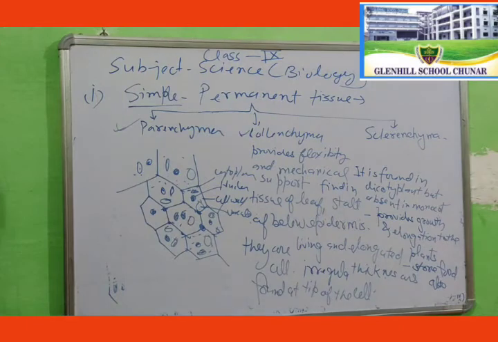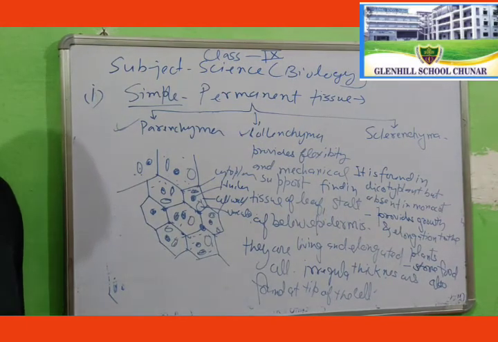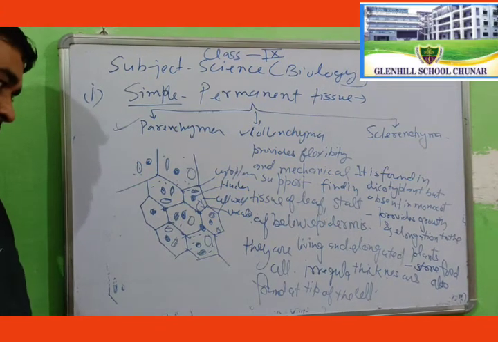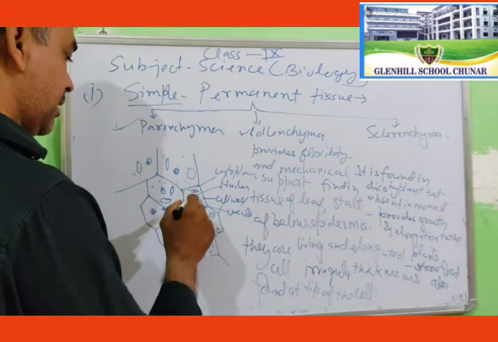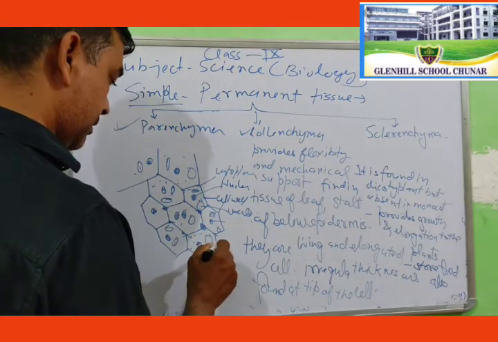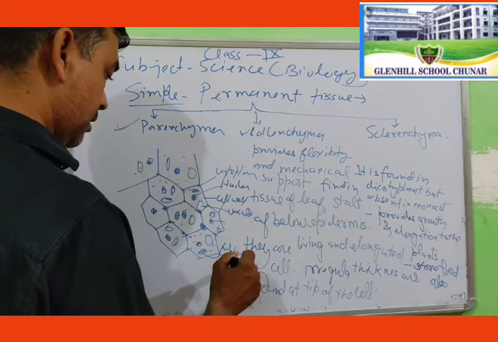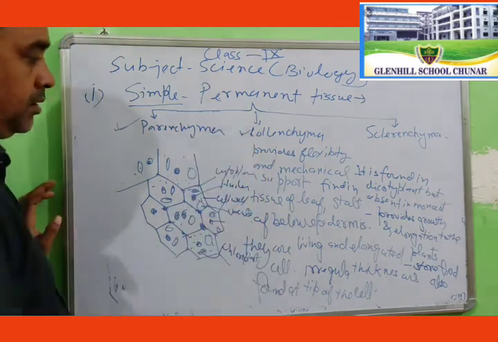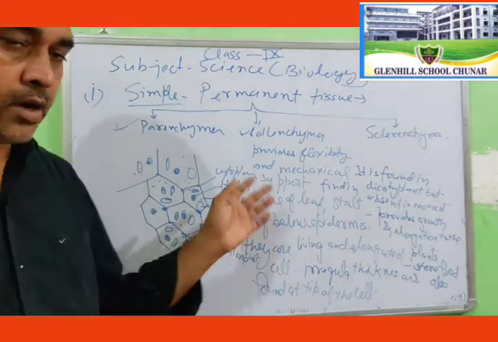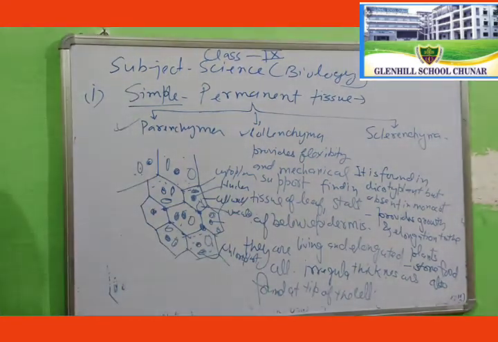Parenchyma store food also, and parenchyma cells may contain chloroplast and take part in the photosynthesis. There are so many chloroplasts found in the parenchyma also. Okay. So write down, students, some clues about the parenchyma.